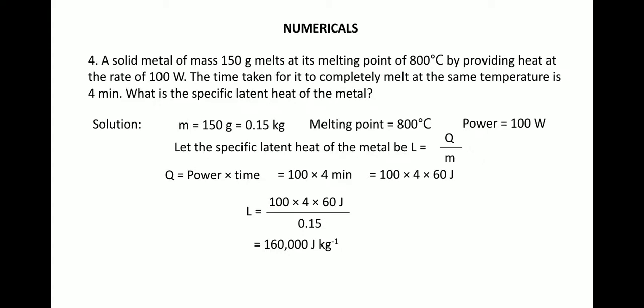So writing it in the standard format, we'll get 1.6 into 10 to the power 5 joules per kg, which is the latent heat L of that particular metal. So this 1.6 into 10 to the power 5 joules per kg becomes the answer.